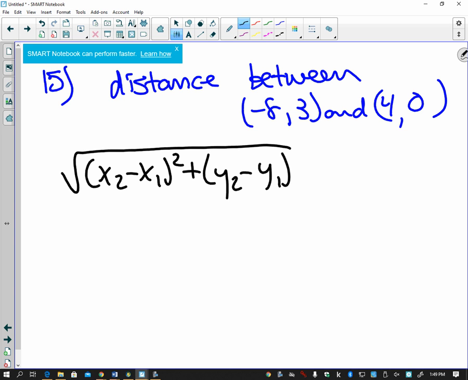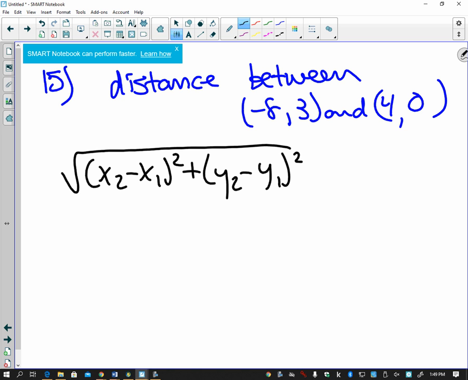That is exactly right. You can flip your x1, x2s, but if you flip your x1, x2s, you have to flip your y1, y2s. So pick a way, stick with it. Don't flip-flop it on yourself. There are a lot of places to make mistakes here.